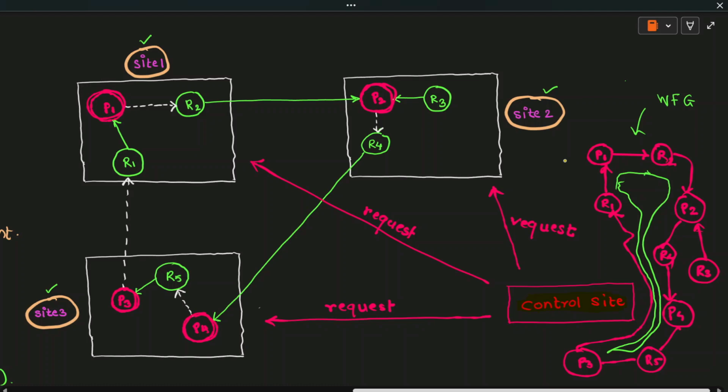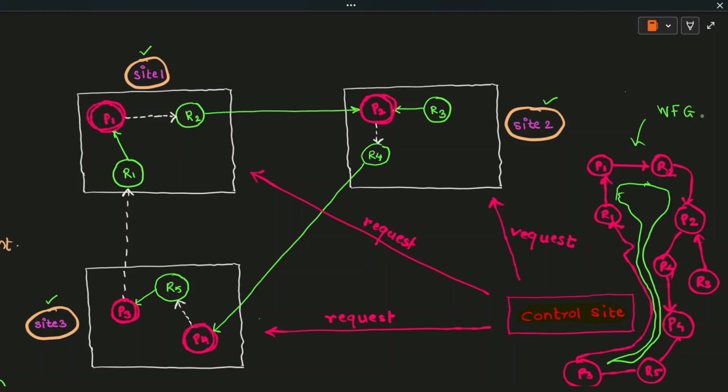If there is a cycle present inside the wait-for graph, then for reconfirmation of that cycle, the control site again takes the status information in phase 2 from the local sites. Now again it constructs the wait-for graph. If the cycle is confirmed in both cases, in the first phase and in the second phase, then the control site declares the confirmation of the deadlock in the distributed environment.